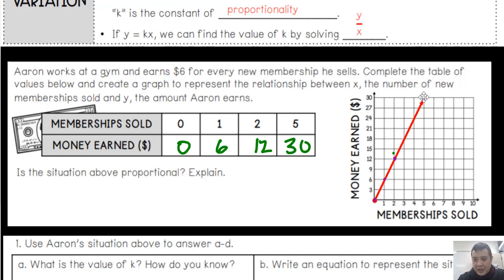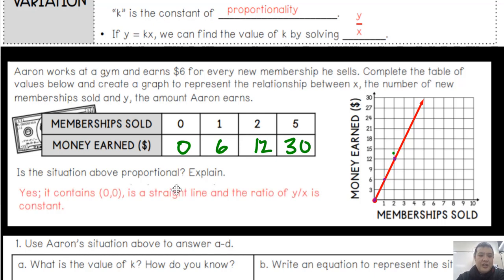You can see it's a straight line because our unit rate is constant, our slope is constant, and it goes through the origin. Therefore, this is a proportional relationship. Yes, it contains (0, 0) and is a straight line, and the ratio y over x is constant because the slope is constant.